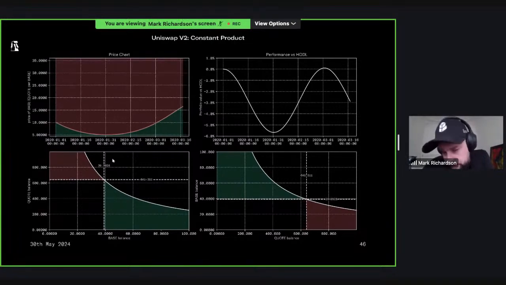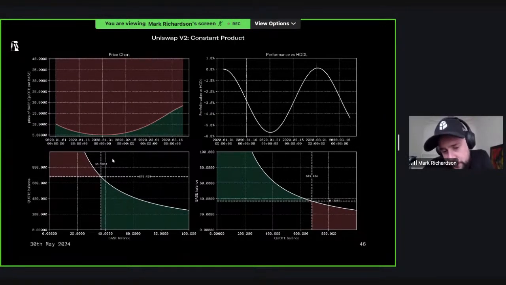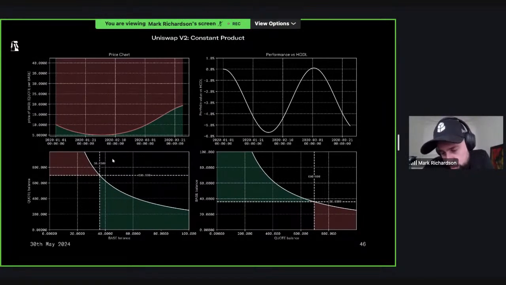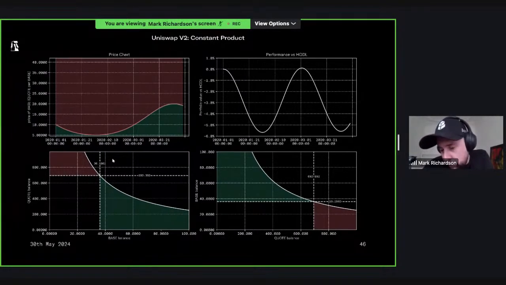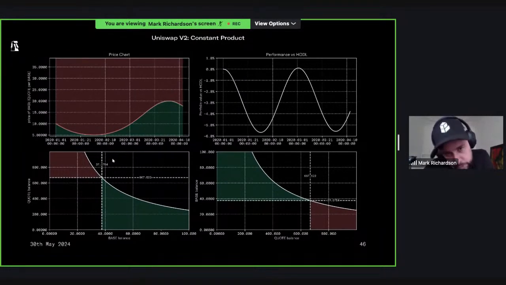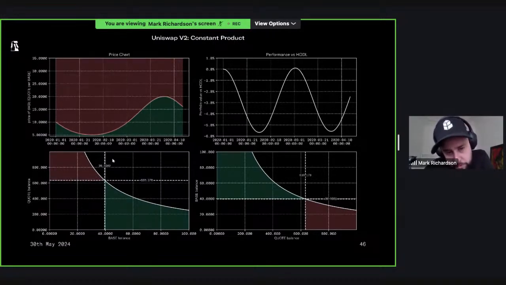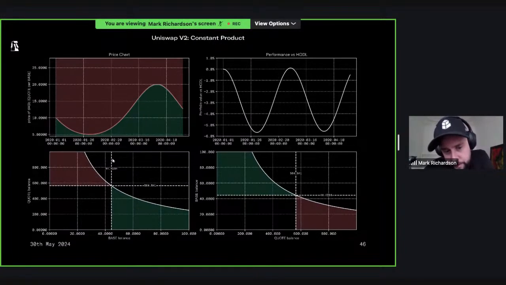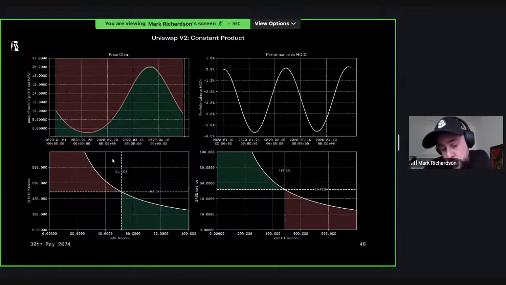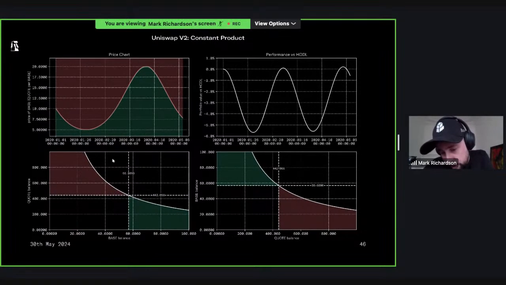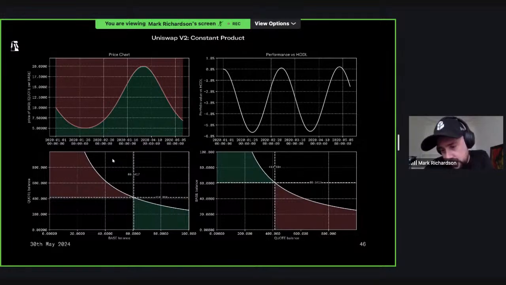But what I want you to look at is the mechanic, right? You can see that in the bottom 2 plots, I'm tracking the position that we are on the curve with respect to the constant product x times y equals x0 times y0 case. I've reproduced the plot on the left in the plot on the right, but taken the transpose.